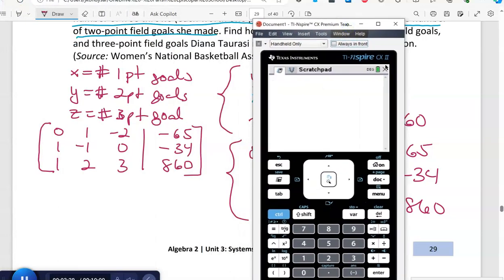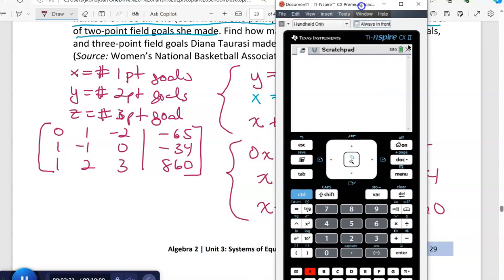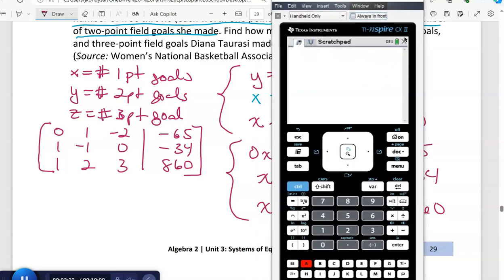And we're going to type in the letters RREF, open parentheses, and then the menu key to the right of the 9. And this will be a 3 by 4 matrix. And enter in the coefficients.